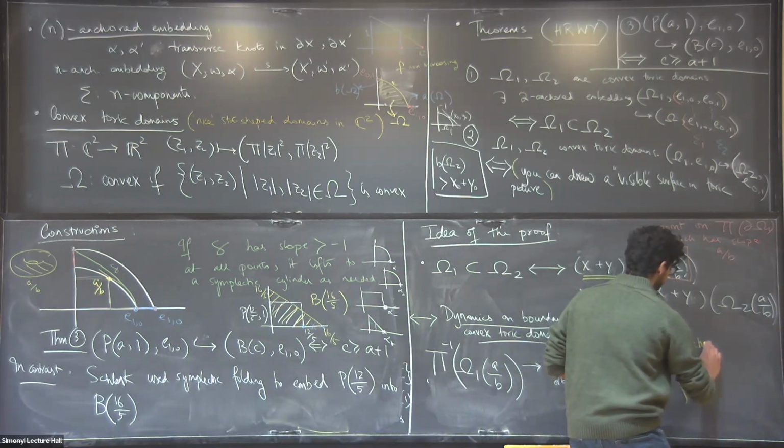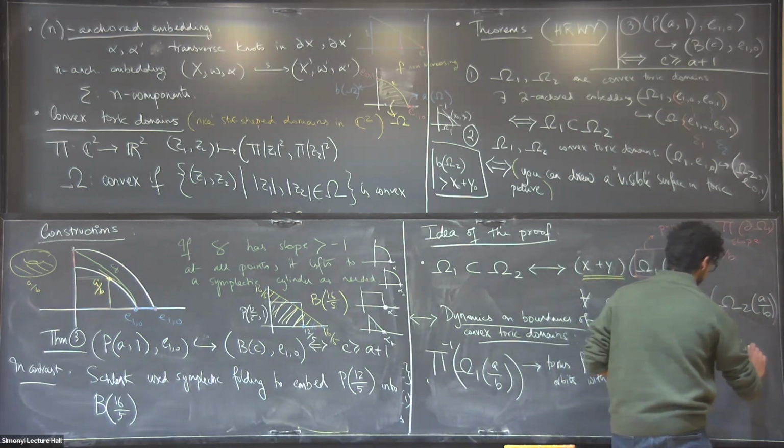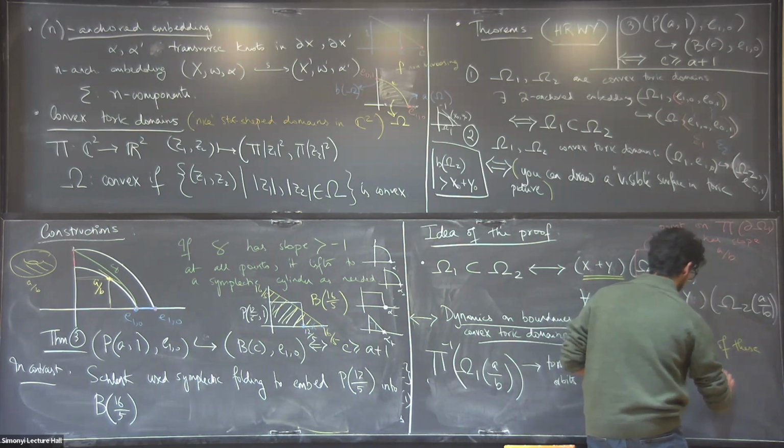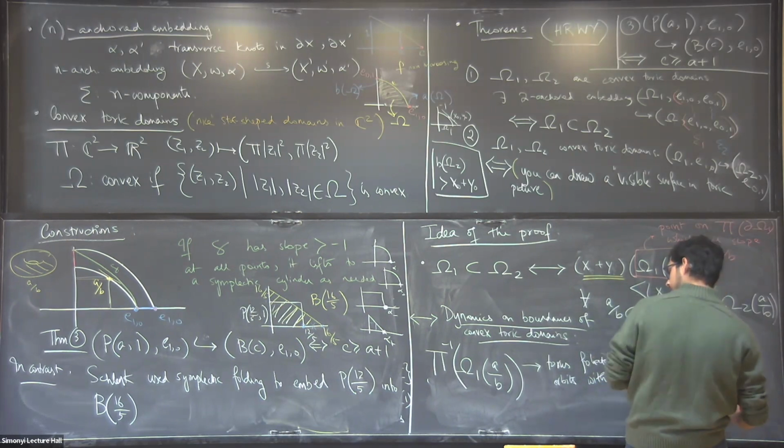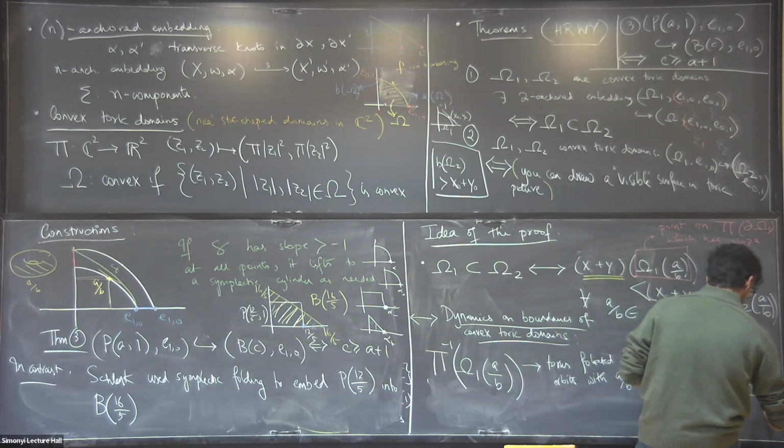Action of these Reeb orbits is x plus y of omega 1.